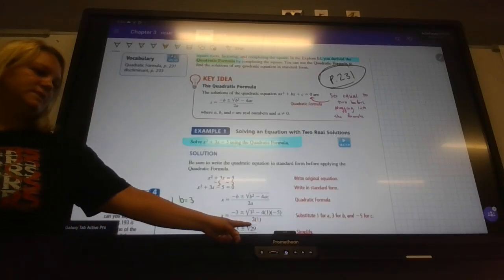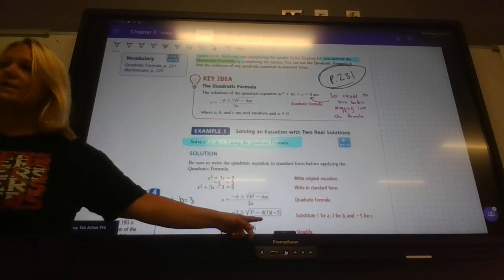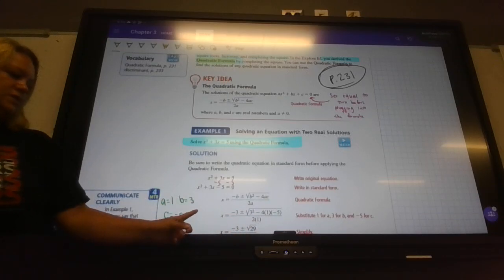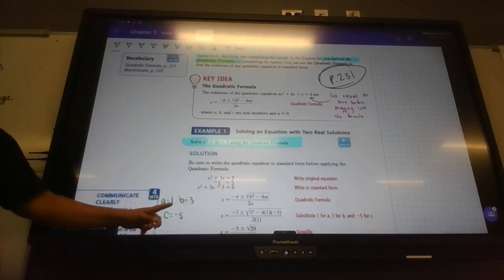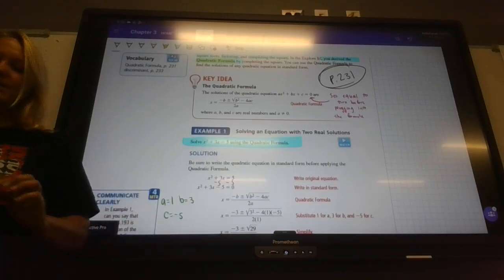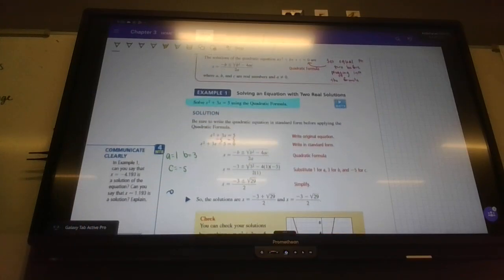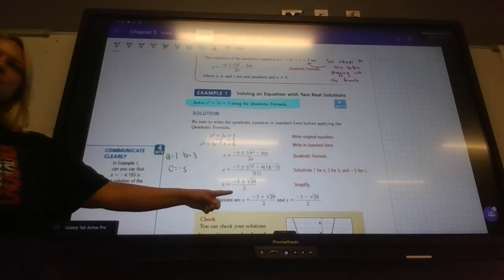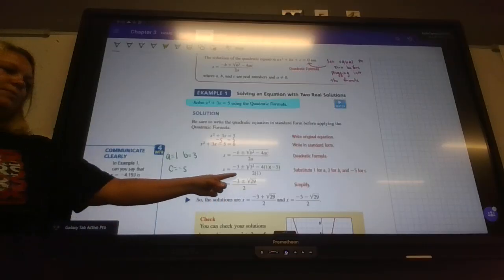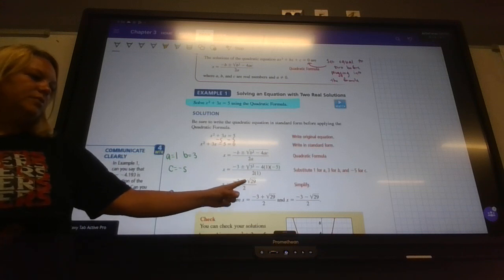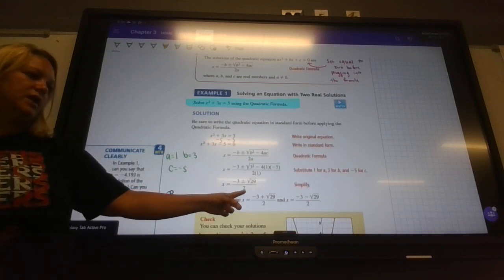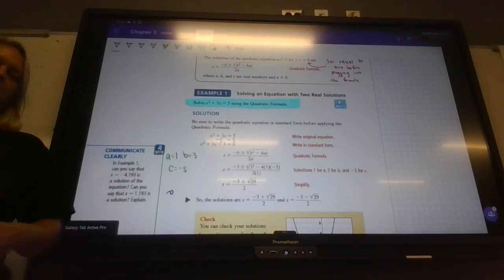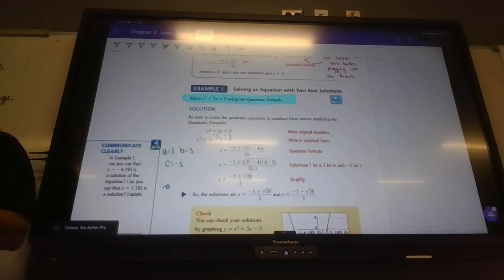Some people will mistakenly plug x in with the number, and then you can't simplify it. So literally just plug in the 3, the 1, and the -5, and then get the order of operations done correctly. And here's your answer. Your answer doesn't look too good. It's complicated: -3 plus or minus the square root of 29, all over 2. Some of the completing the square answers look just like that.